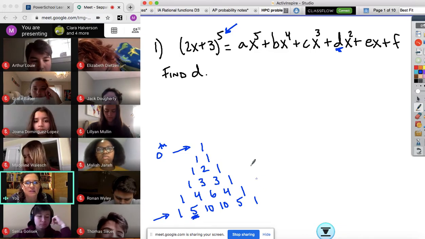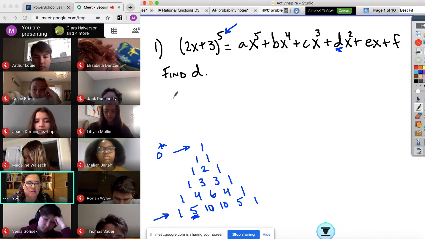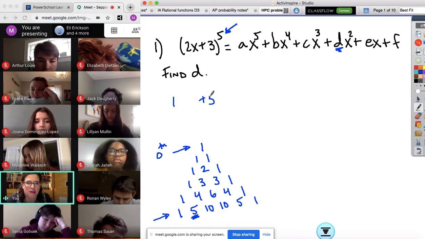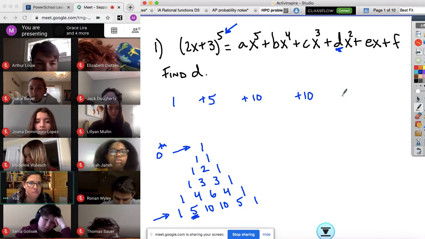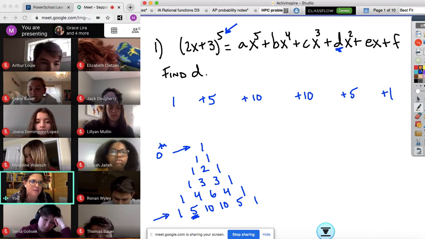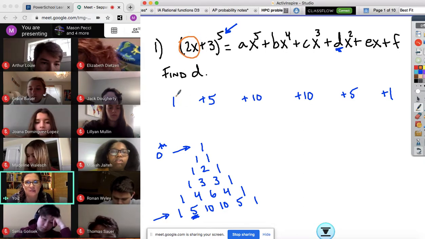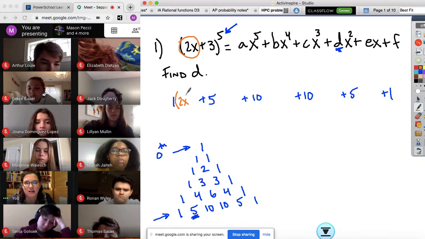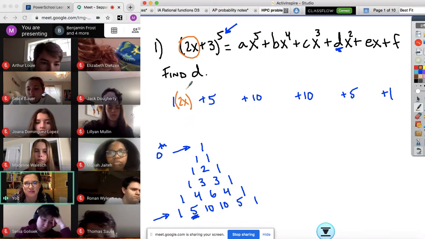Anyway, these are our leading coefficients. I'm going to write them out, and I'm going to leave some space in between. Whatever is listed first, which in this case happens to be 2x, is going to get raised to the highest power, which is a 5.